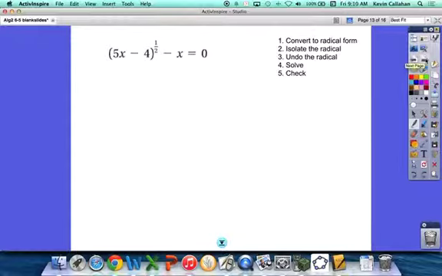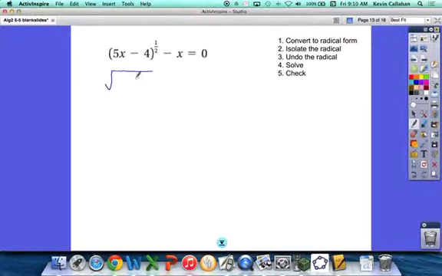Okay, and it could still be one of those possible extraneous solutions when it's written in the rational form. This one, the radical is written with a rational exponent, but there's still an x inside and an x outside. So we have to change this to the radical.